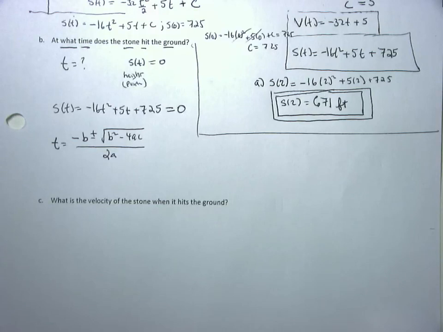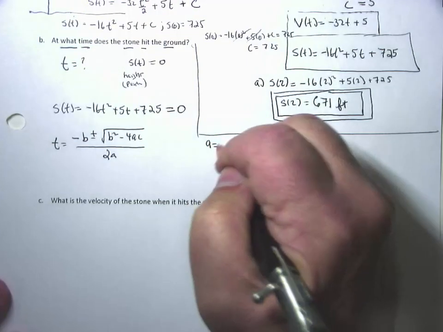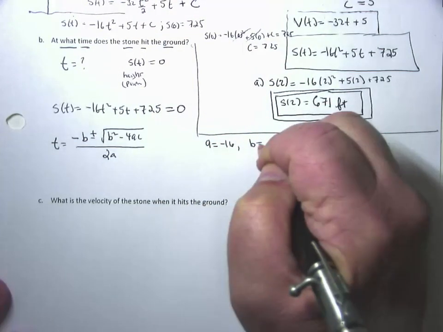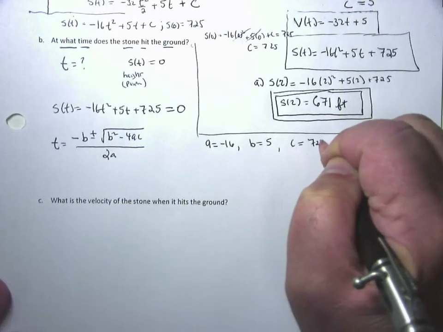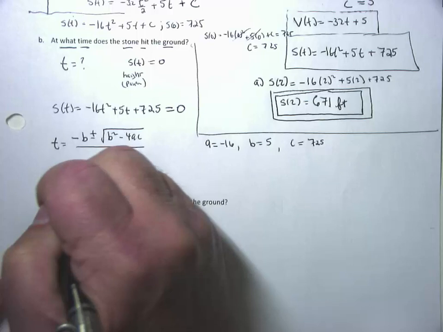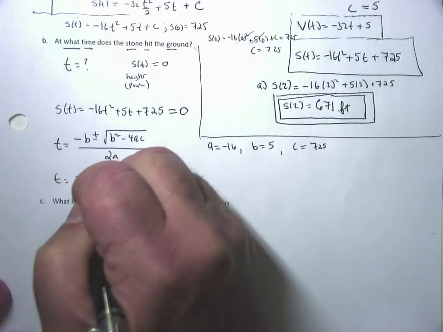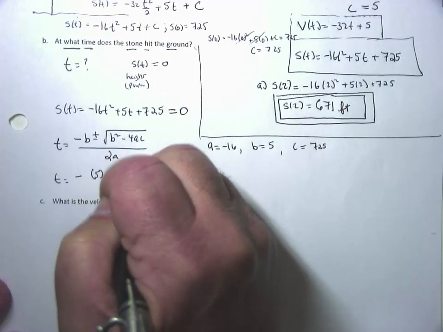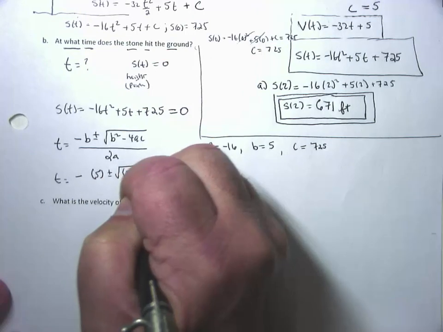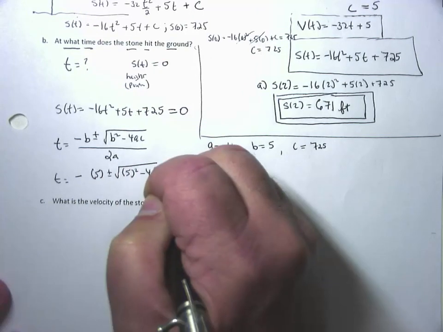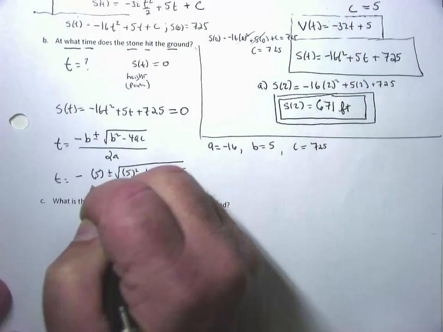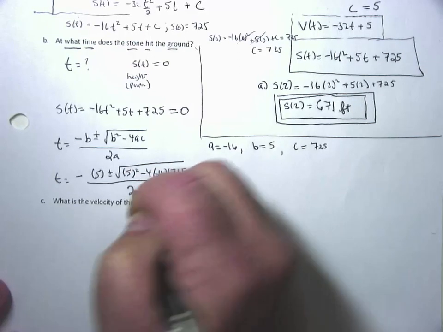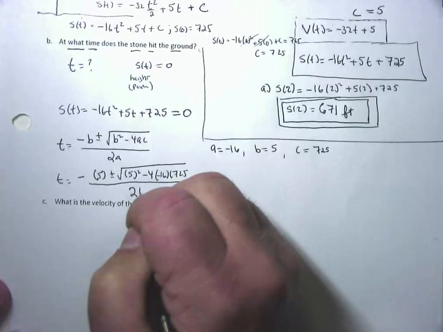So here, a is equal to negative 16, b equals 5, and c is equal to 725. So t equals negative b, which is negative 5, plus or minus the square root of b squared, 5 squared, minus 4 times a, which is negative 16, times c, which is 725, all over 2 times a, which is negative 16.